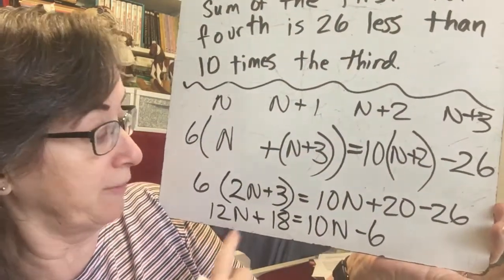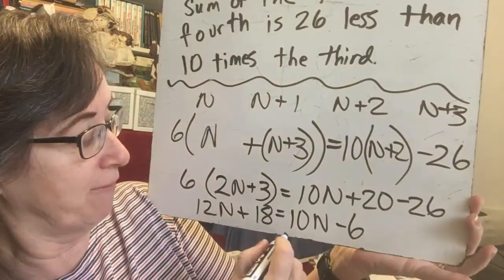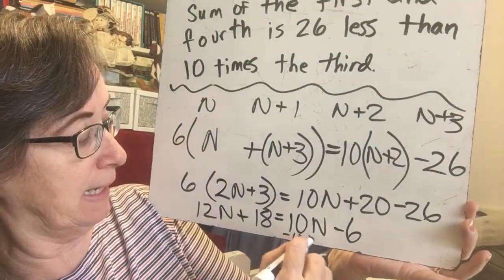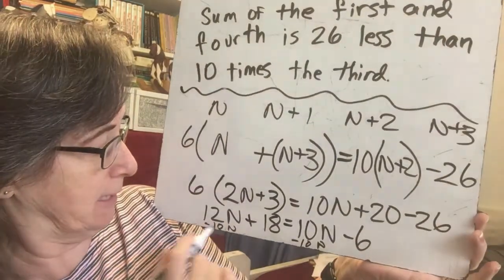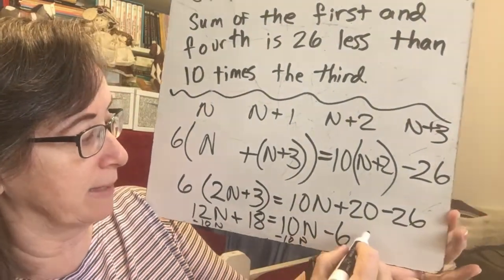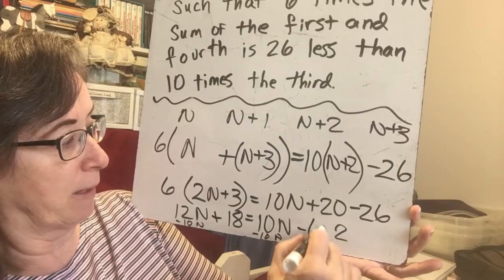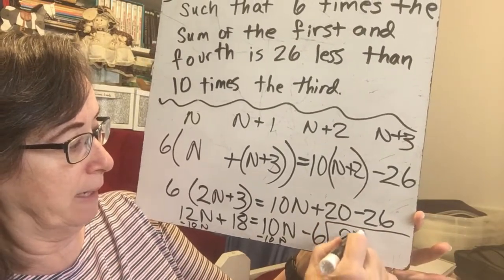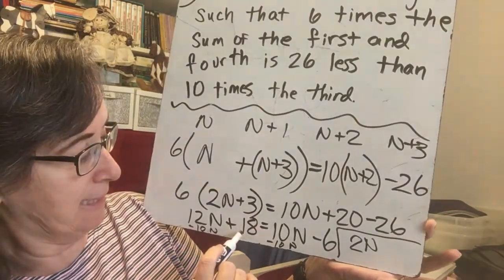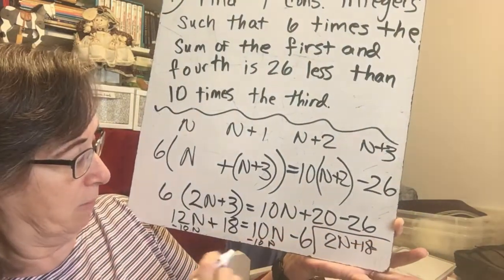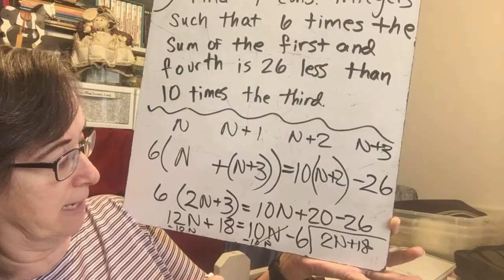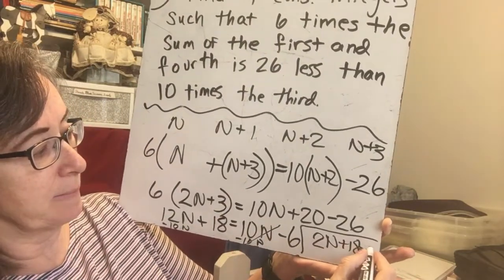So with a 12n and a 10n, if I subtract the 10n here and subtract the 10n there, I'm out of space, I end up with 2n on this side. So 2n, we'll make our little equation here. 2n plus 18 equals, now this is gone, minus 6.